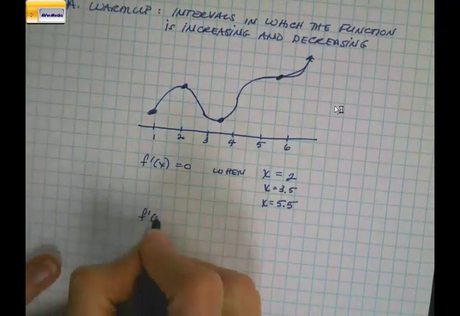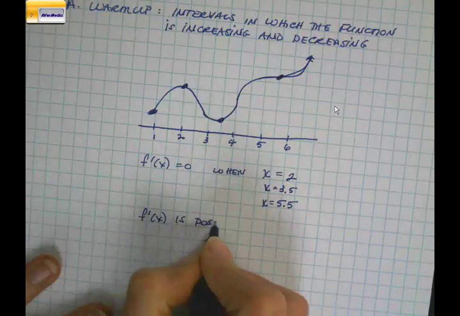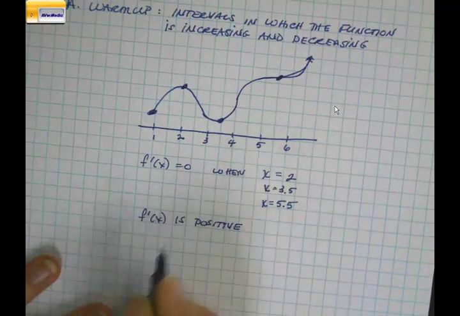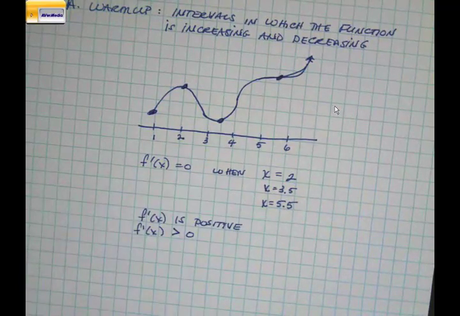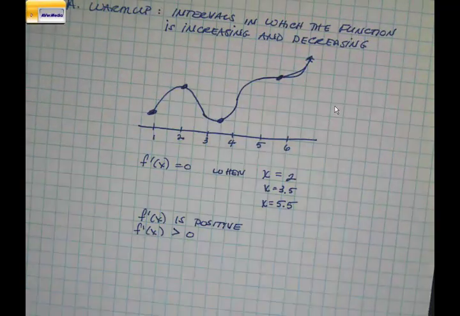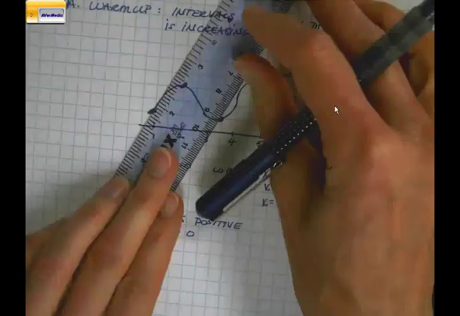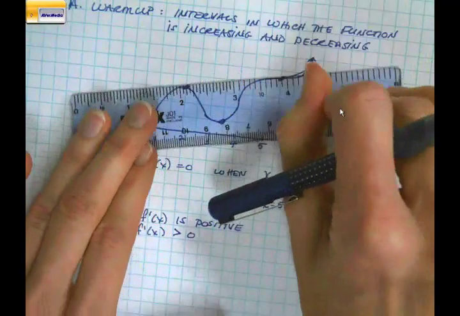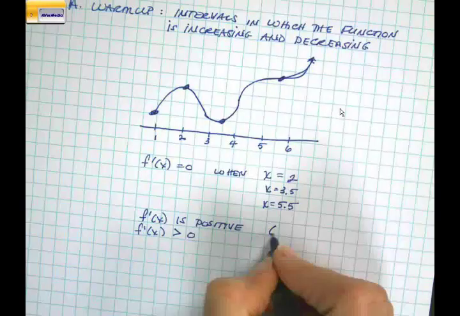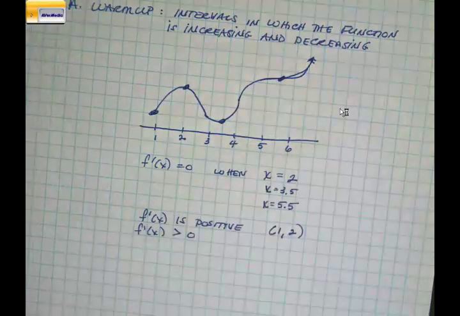Now, f prime of x is positive somewhere. And the way this question is going to be asked is, where is f prime of x greater than 0? Which is the same thing as saying, where is your first derivative positive? In other words, this is asking, where is the slope of the tangent line a positive value? Okay? So the slope of the tangent line is positive until it gets over to 0. So between 1 and 2, the interval between 1 and 2, that's an interval.